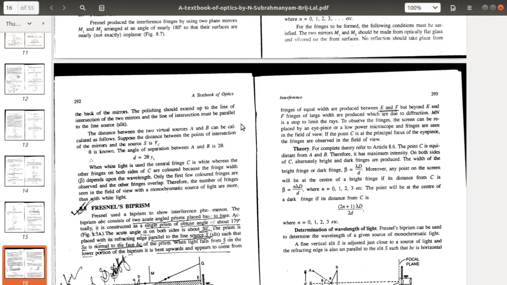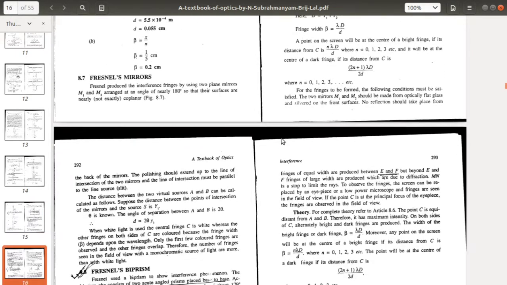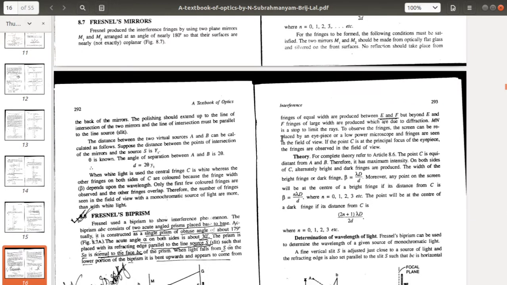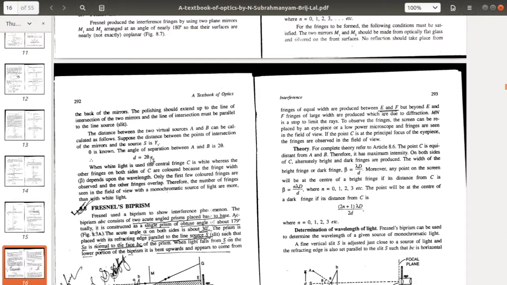Now we have seen the distance between the virtual sources is taken as small d. It can be calculated by using the angle of inclination. Suppose the distance between the points of intersection of the mirrors and the source S is y1.